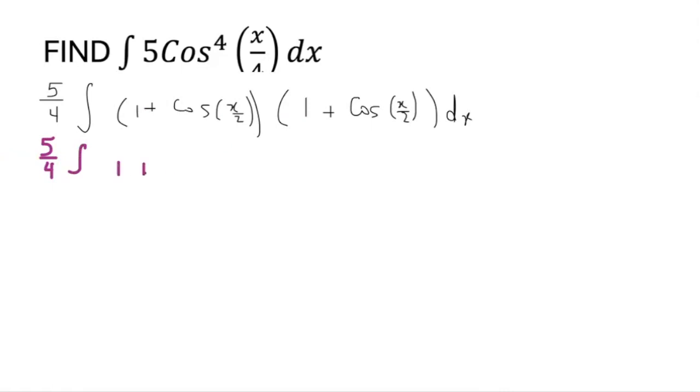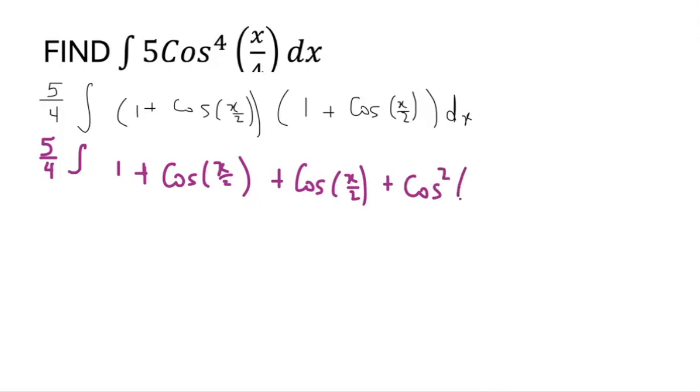Now to expand, I'm going to multiply 1 times 1 is 1. Then 1 times cos x over 2, that gives us cos x over 2. Then cos x over 2 times 1, that's cos x over 2. And cos x over 2 times cos x over 2, that's cos square x over 2.